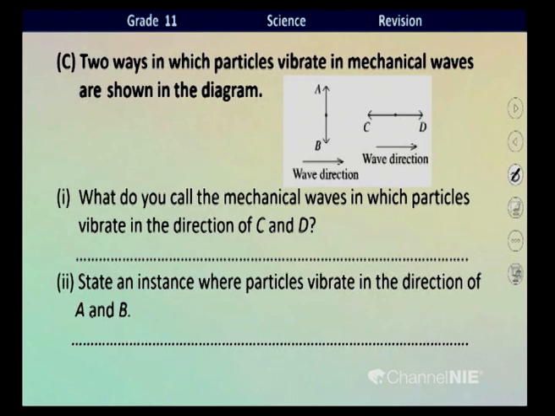Then this must be a transverse type of wave. Here in this figure, CD, particles vibrate parallel with the direction of the wave. If the particles vibrate parallel, that should be a longitudinal type of wave. Therefore, what do you call the mechanical wave like CD?